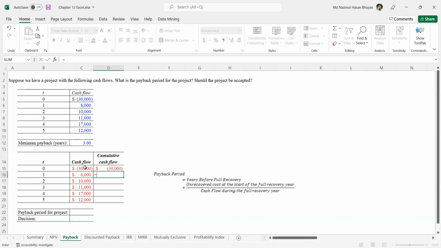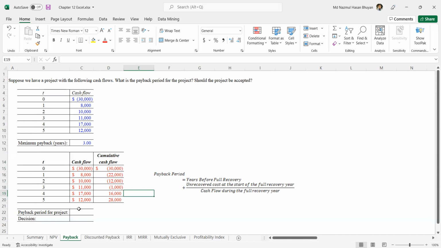In the following years, you should add your cash flow in a particular year to the accumulated cash flow in the previous year to get your accumulated cash flow in the current year. So let us apply: accumulated cash flow in the previous year plus your cash flow in the current year. This is how you should continue in all the other years.